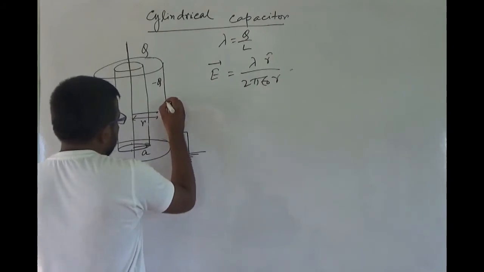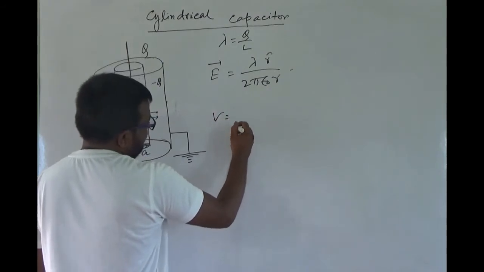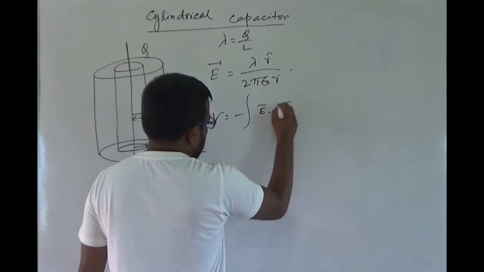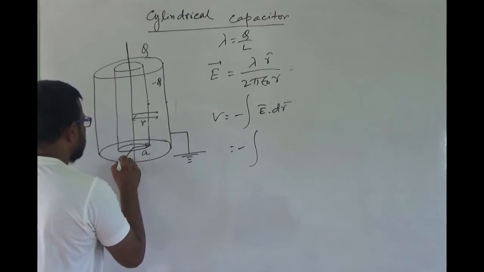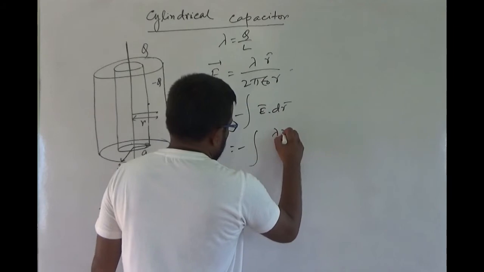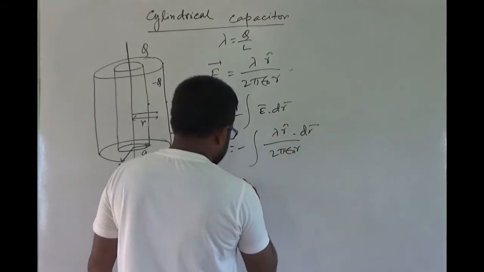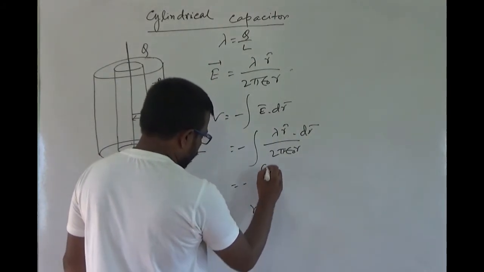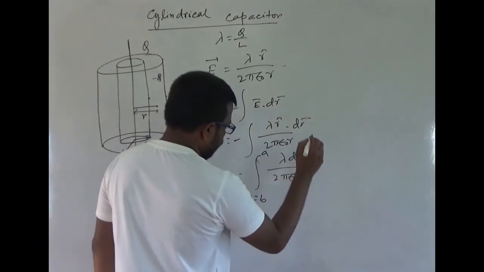Therefore, the potential difference between these two cylinders will be V equals the integration of minus E dot dr. That means minus integration, where the radius of the outer cylinder is B, and B is greater than A, of lambda r hat divided by 2 pi epsilon naught r dot dr. That means integration of lambda dr divided by 2 pi epsilon naught r.